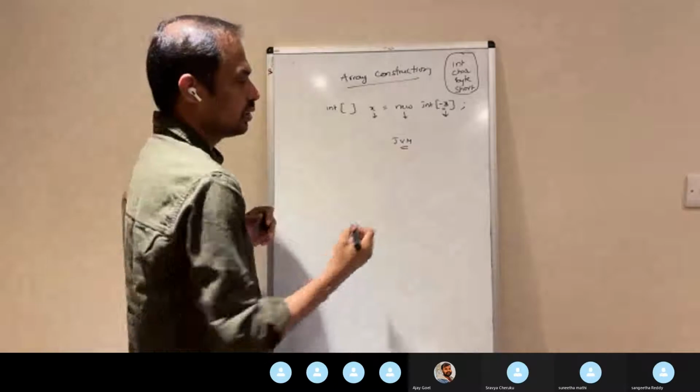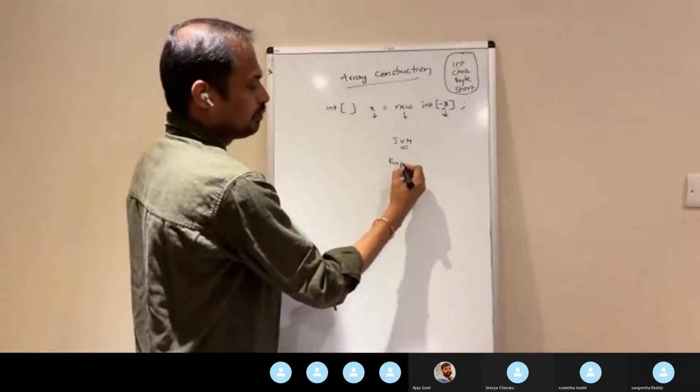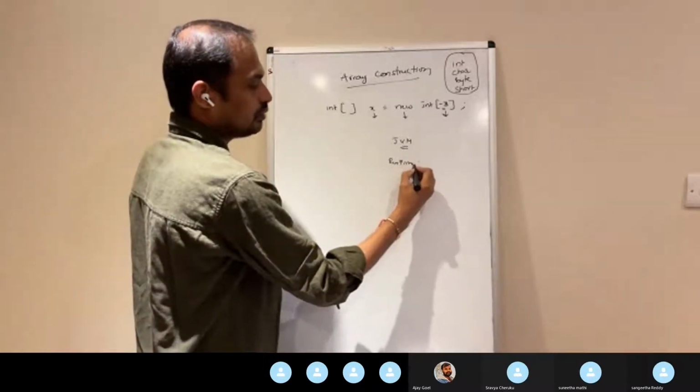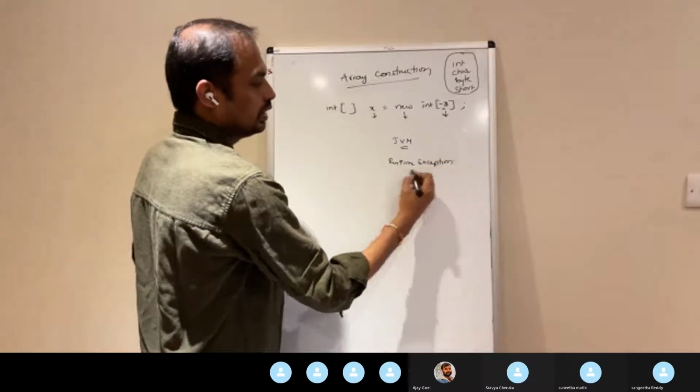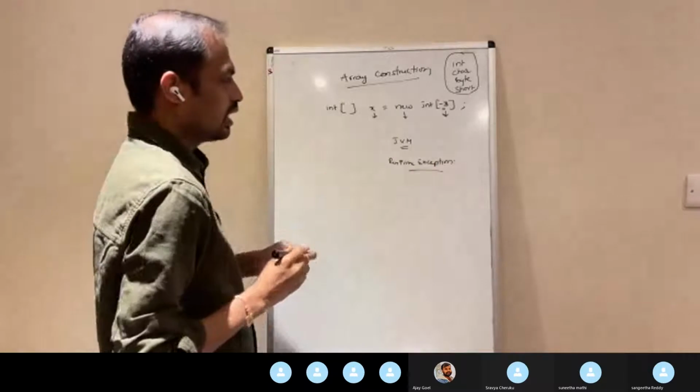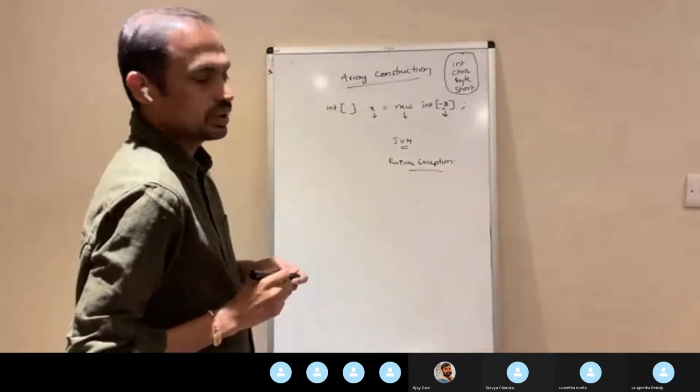Java Virtual Machine will throw a runtime exception. JVM will throw runtime exception.